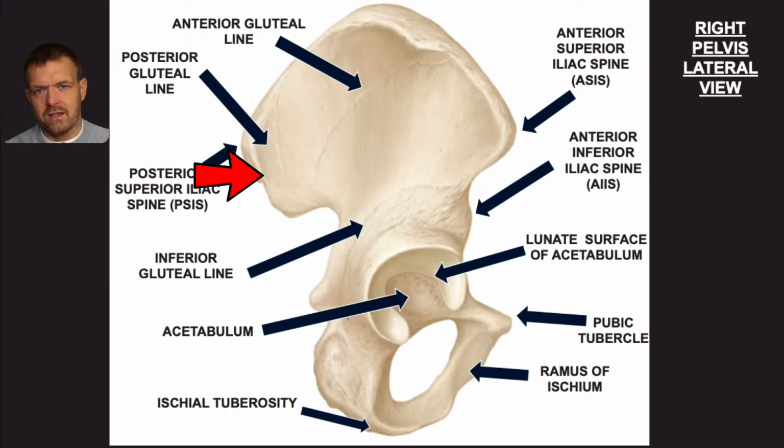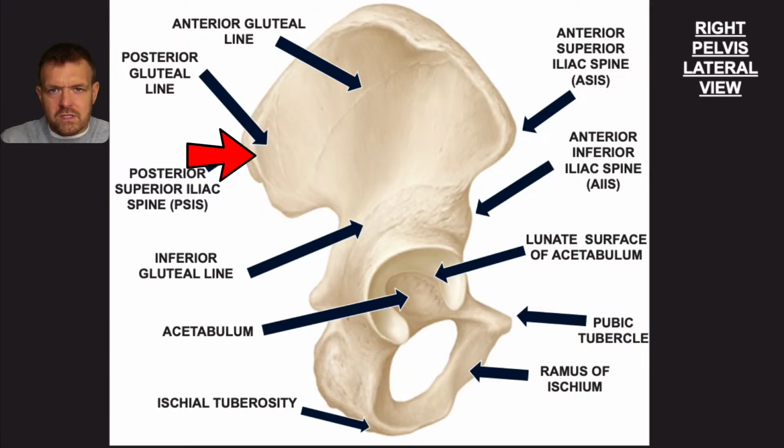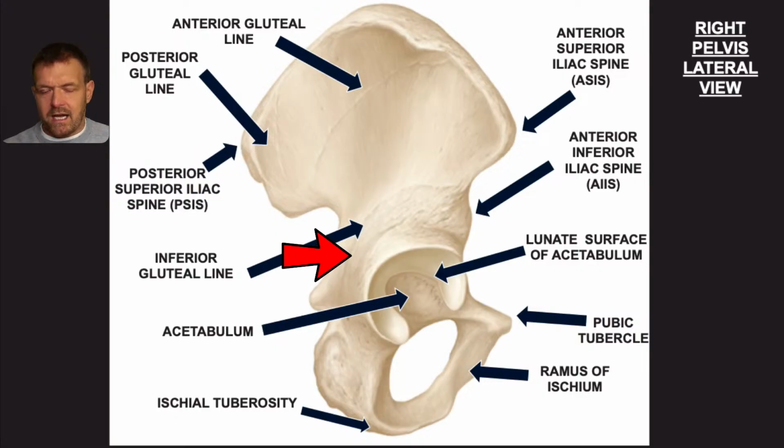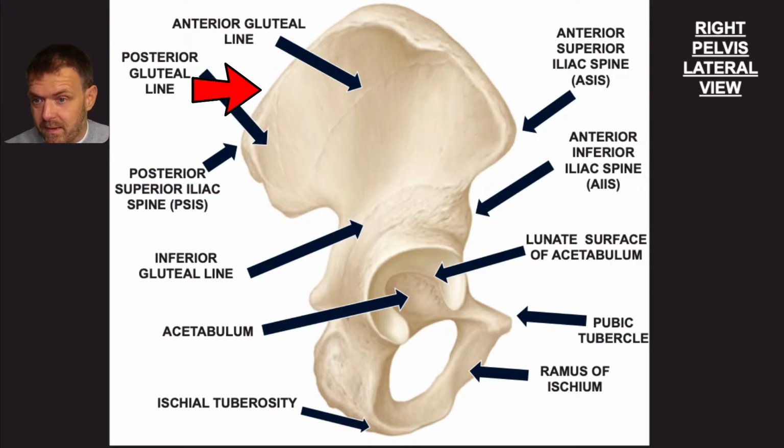And that makes it an unreliable measure, because everybody is different. Everybody's life has been different. Everybody's activity levels are different. So you can't reliably use bony landmarks as measurements because they are just different. Okay, and we'll look at that more and more as we go through. So that's just that bit there.